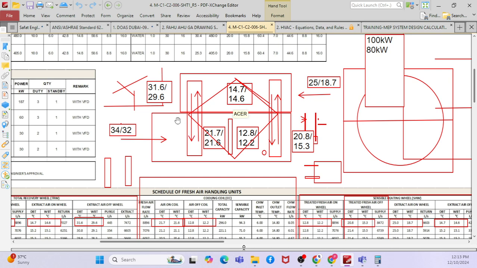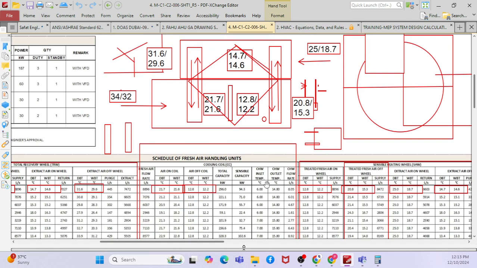So basically you enter these values to find out the off-wheel temperature, which is nothing but the on-coil temperature, right? So you can calculate what the off-coil temperature is. If you know these two conditions, then you can easily calculate the sensible load, the total load, and the latent load, right?